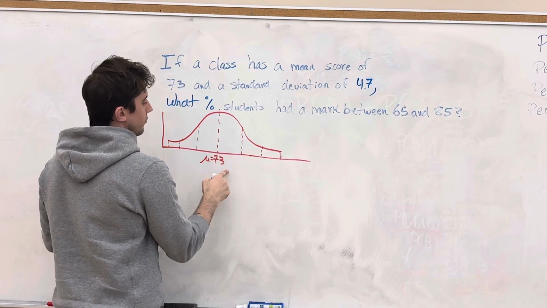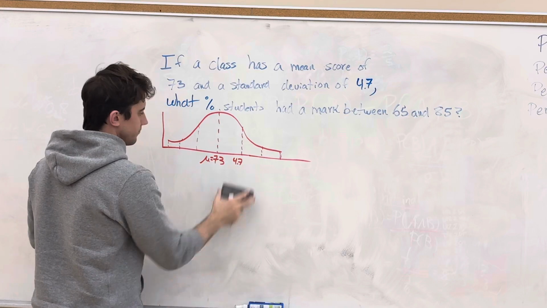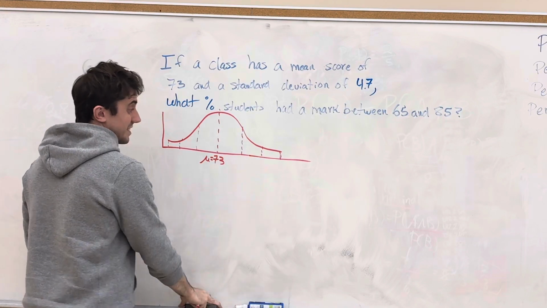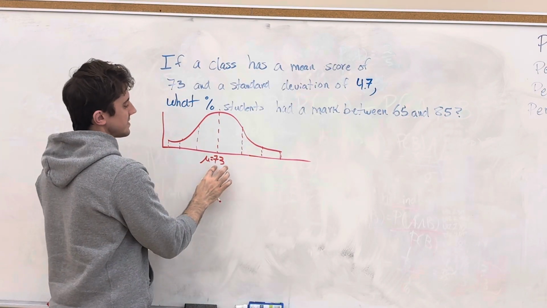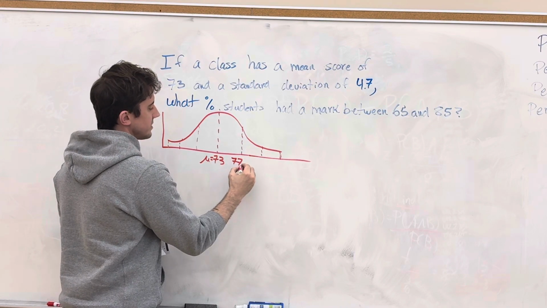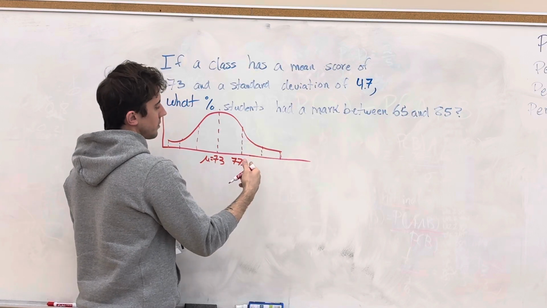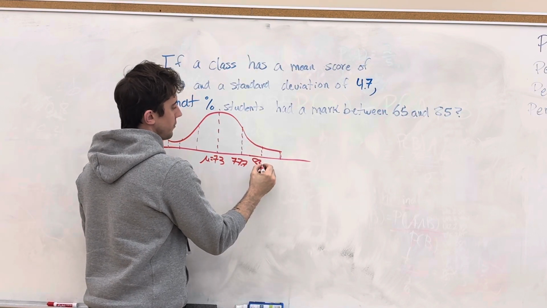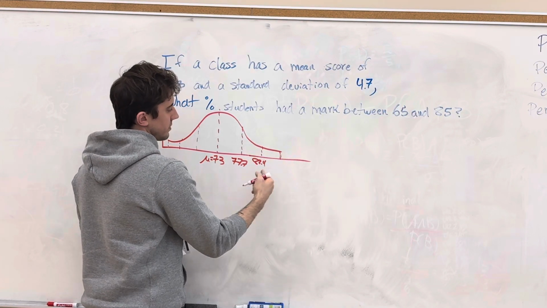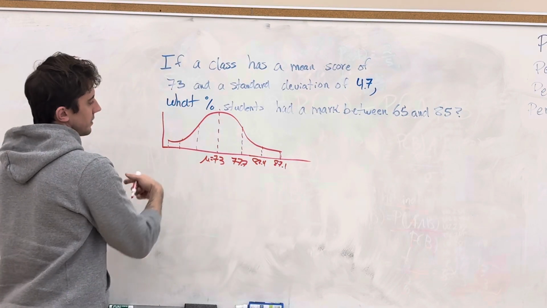And so adding 4.7 above is going to bring us to 73 plus 4.7, i.e. 77.7, plus another 4.7, 82.4, and then plus 4.7, 87.1, and then same thing on the other side, right?